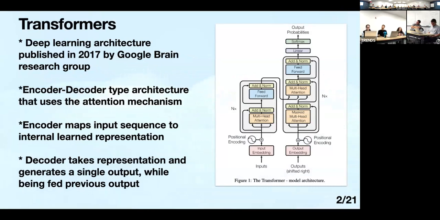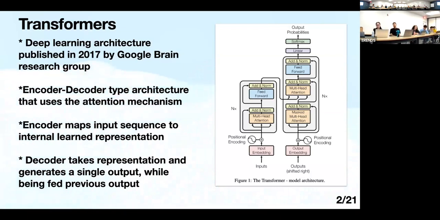So I wanted to begin by discussing transformers. Transformers are a deep learning architecture that came on the scene around 2017, proposed by the Google Brain Research Group. This transformer architecture is an encoder-decoder type of architecture that uses an attention mechanism.